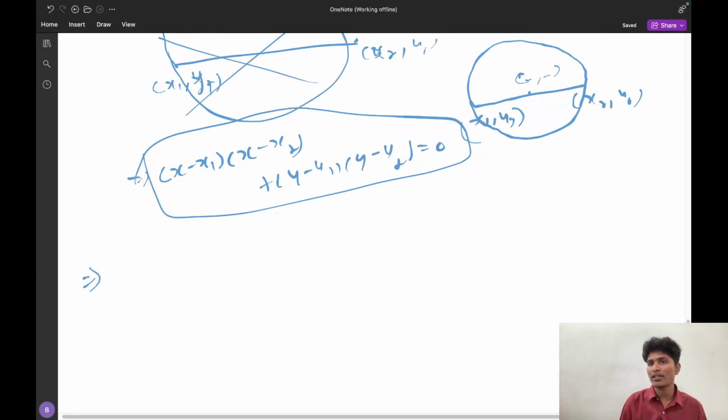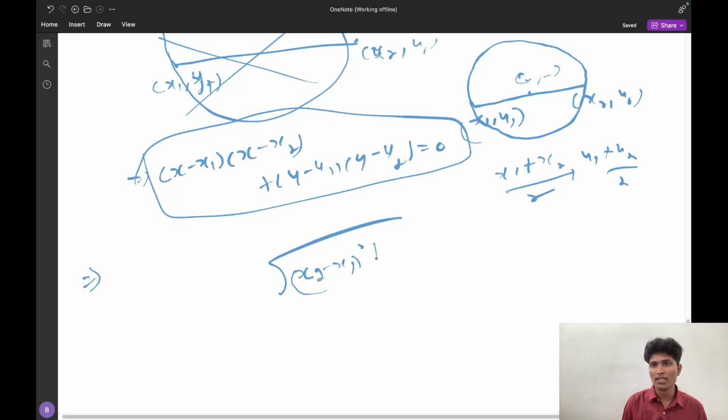How did I get this equation? I can find the center here: ((x1 + x2)/2, (y1 + y2)/2). I can find the distance between these two points and take half of it, so the radius is half of the root of (x2 − x1)² + (y2 − y1)².